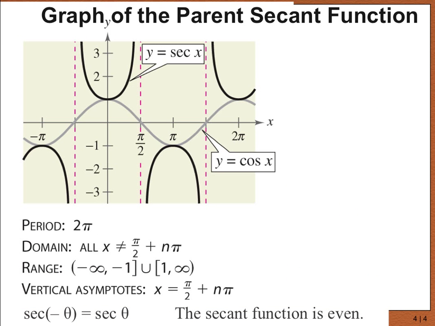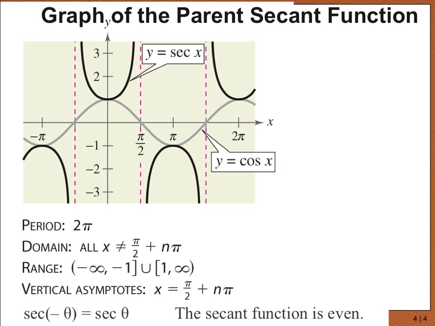Now let's look at the graph of the parent secant function. As you can see, it's also very similar. The secant function always has a corresponding cosine function because the secant of x is 1 over the cosine of x. The secant of x is the reciprocal function of the cosine.